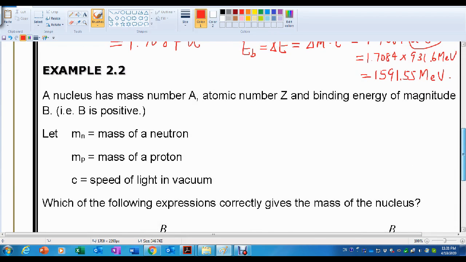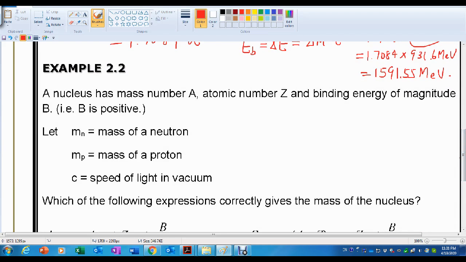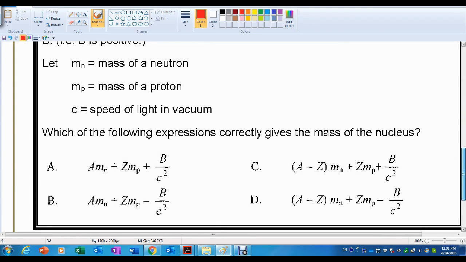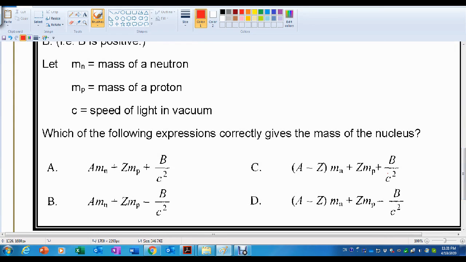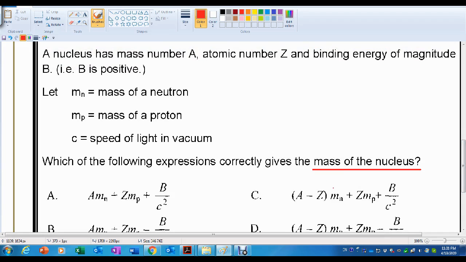Now, if a nucleus has a mass number A, atomic number Z, and binding energy B, and you are given the mass of neutron, mass of proton, and speed of light, which one can you calculate: the mass of the nucleus? Remember that the mass of the nucleus is less than the mass of the constituents.